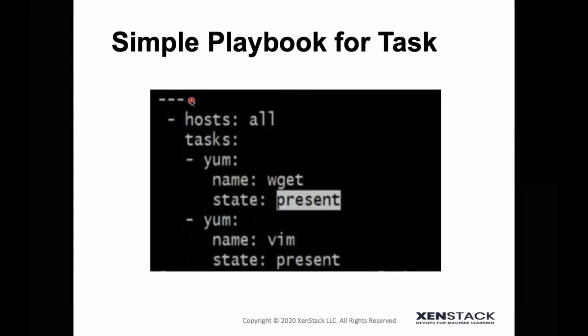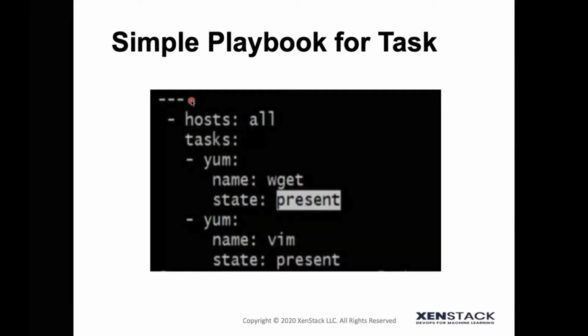But to specify which type of YAML file you are using, Ansible has modified its own way of YAML. They start with three hyphens, or you can start with one single hyphen as well. That works too in this case.